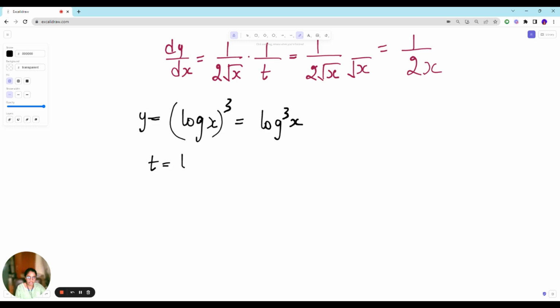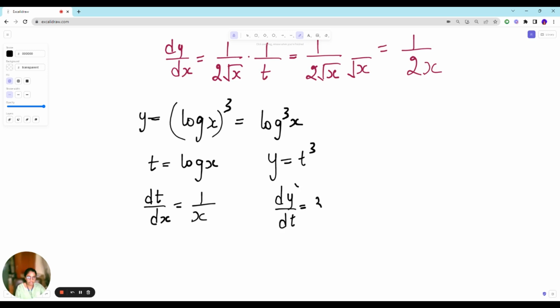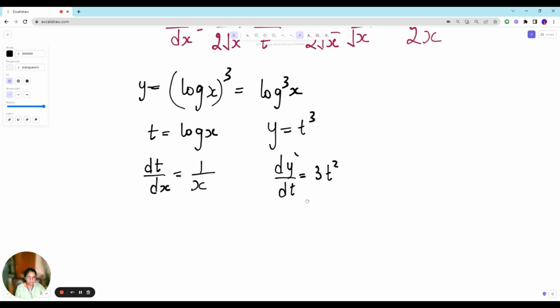Let me take t as log x. Then the given question becomes t cube. Now, what is dt by dx? Dt by dx is 1 divided by x. What is dy by dt? Dy by dt is equal to 3t square.